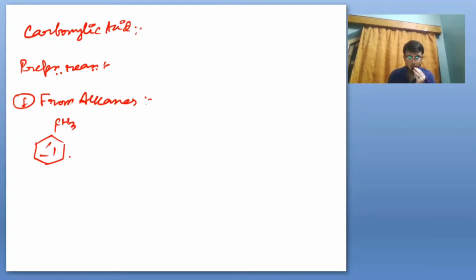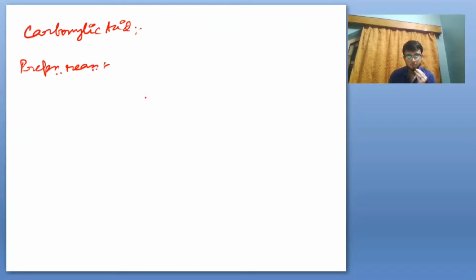Alkane. First is, if we want to derive carboxylic acid from any alkyl group, that is R group.